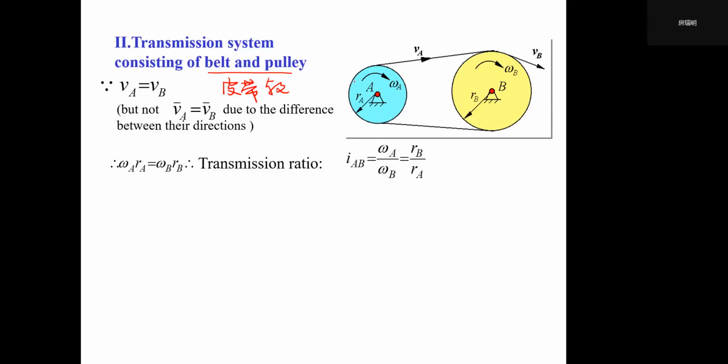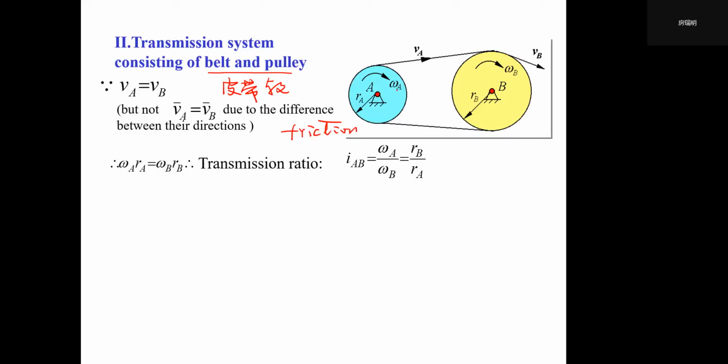When this smaller one rotates, it is because of the friction between this small pulley and the belt. This friction force lets the belt move along this direction, because the belt always has big enough pressure onto this yellow pulley.